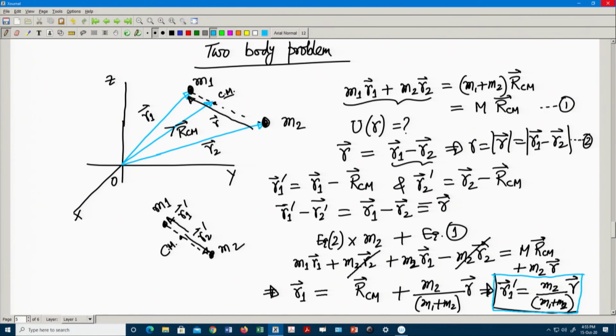Similarly, I can find out an expression for R 2 prime.